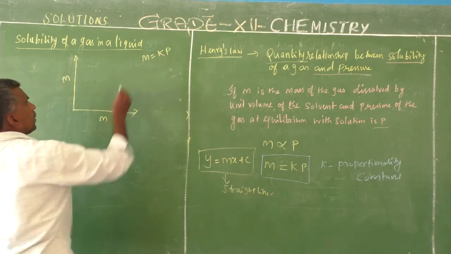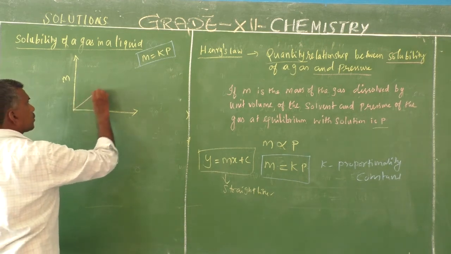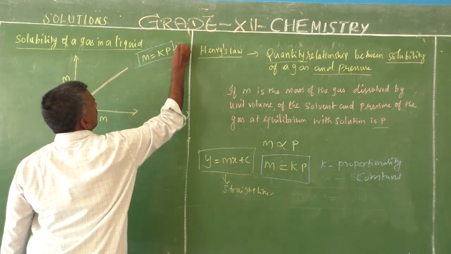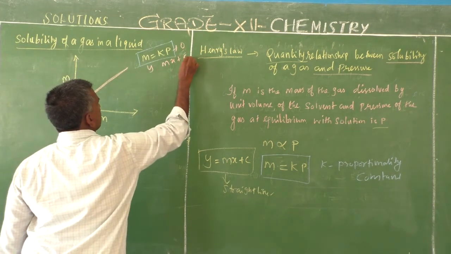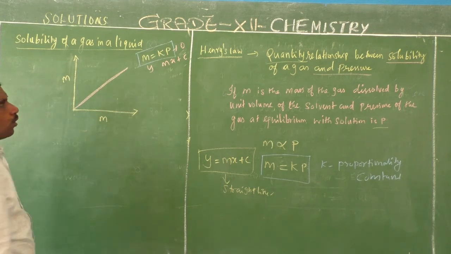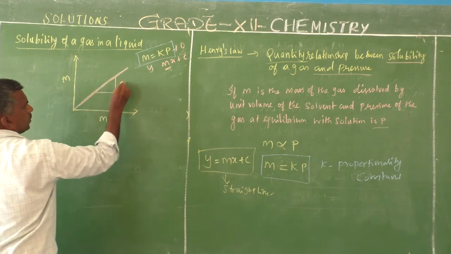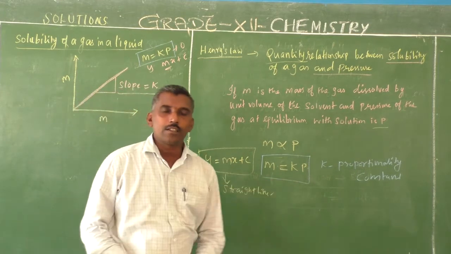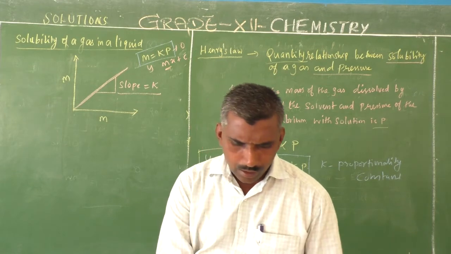Here one straight line passes through the origin. The intercept c is 0, and the slope value is equal to K, the proportionality constant. This is Henry's law.